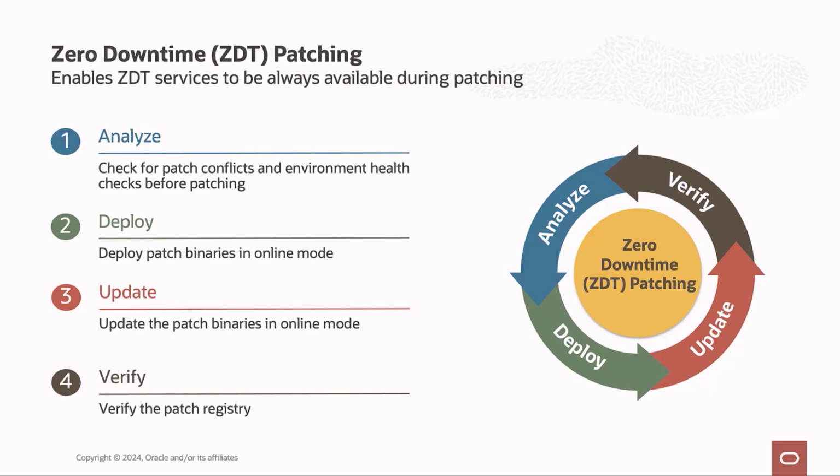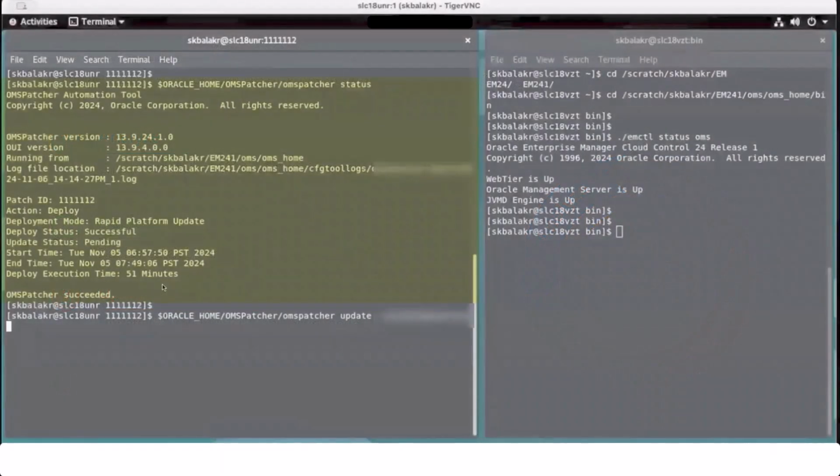And once the deploy is complete, you execute the update operation, which is again an online operation where you can run all the updates while the OMS is up and running. And finally, you verify whether the patch is successfully registered in the inventory. So now let's go to the demo and execute the patch.